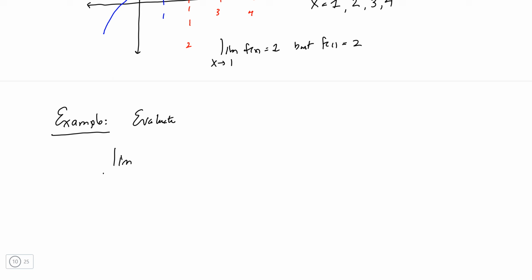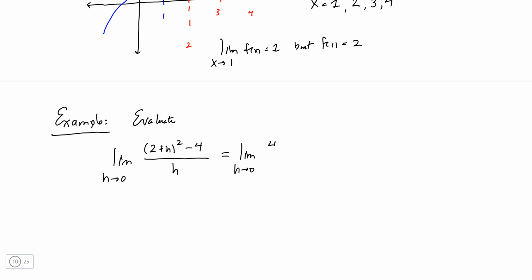So let's look at the limit as h goes to 0 of (2 plus h) squared minus 4 over h. So we're going to eventually see that this is a slope. This is without the limit there, that is the slope of some secant lines. And you take the limit, we'll see that this is going to give us a tangent line. But for now, we can just do this with algebra without worrying about what it means.